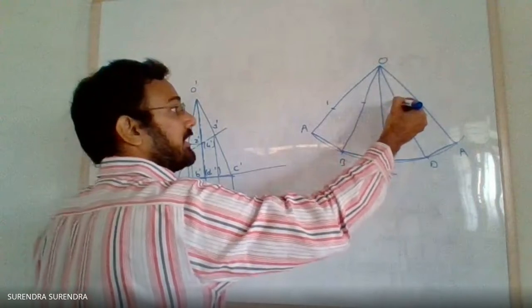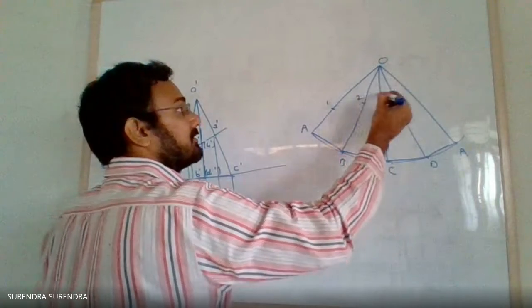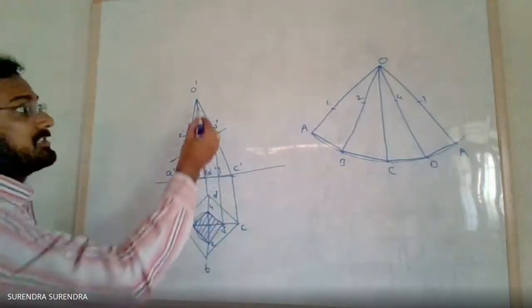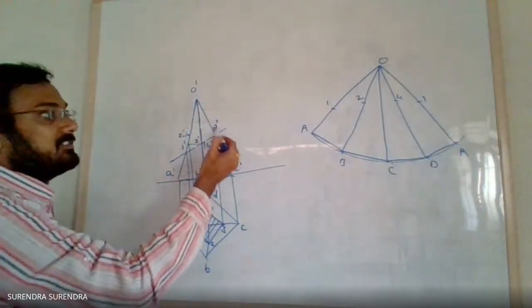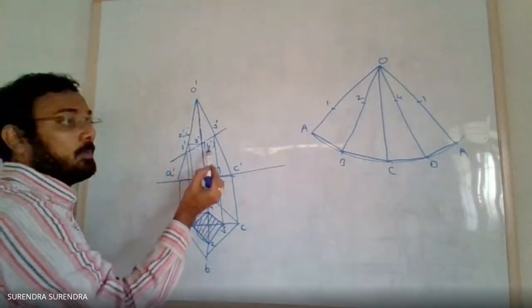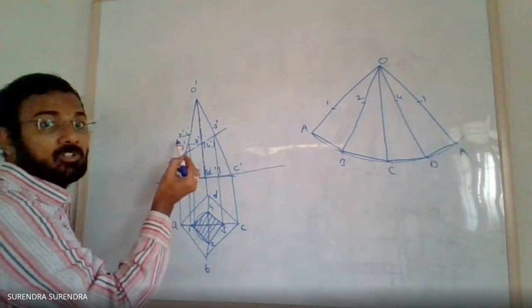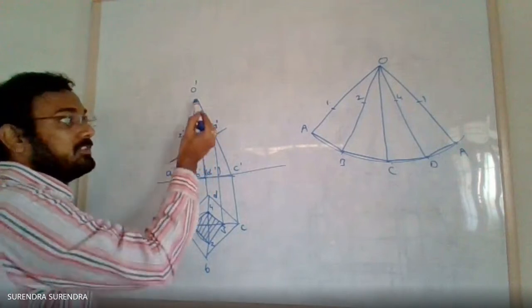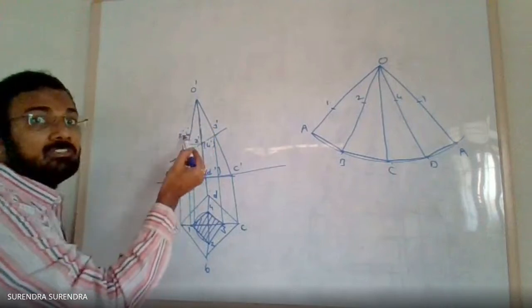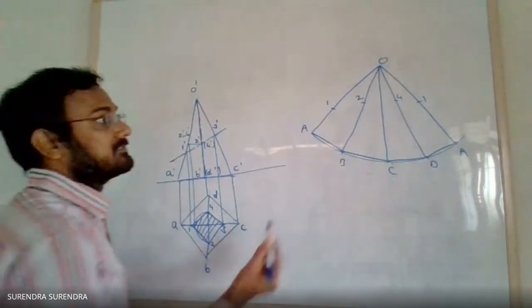So 2 and 4 are at the same height. Now measure the distance from O to 3. This is also on the true slant line. Only variation is for points 2 and 4. Project these points 2 and 4 up to the true slant line, and you have to take the distance on the true slant line.